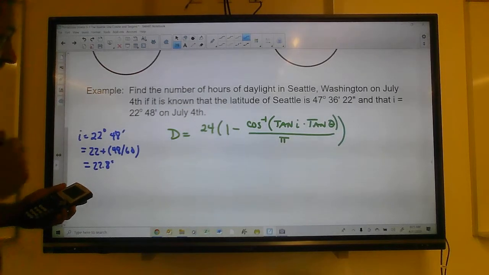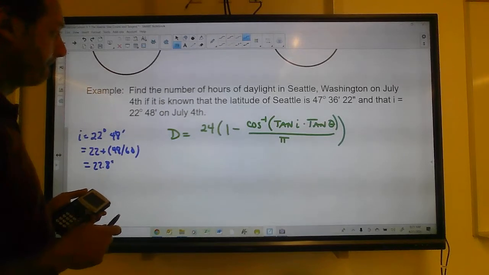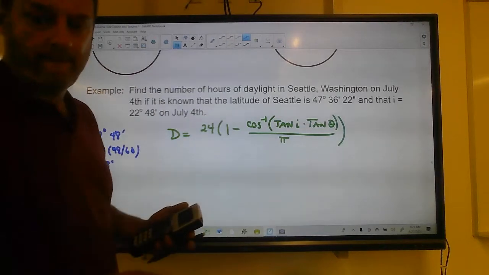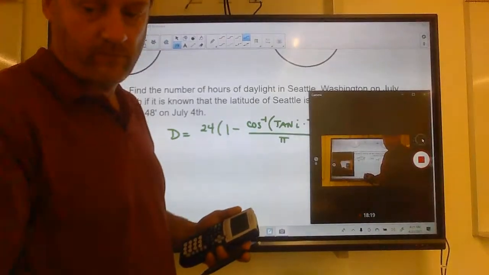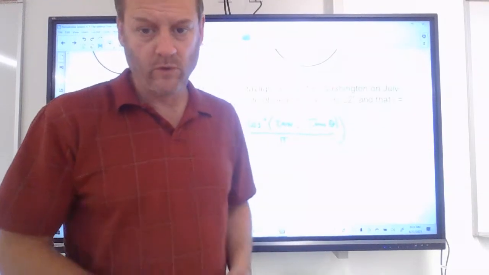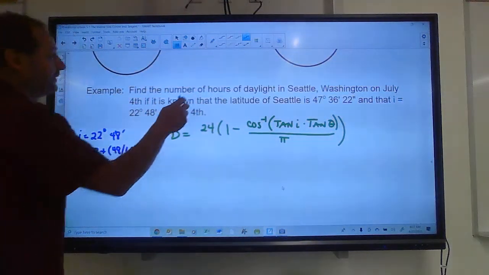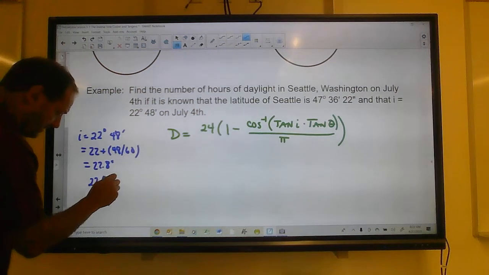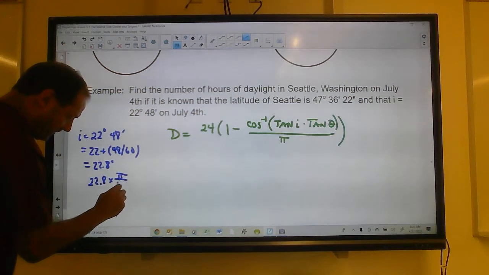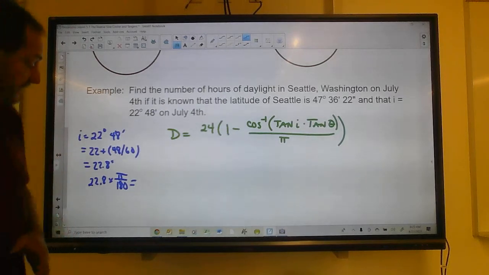Then we multiply it by pi over 180, because we have to convert this to radians.